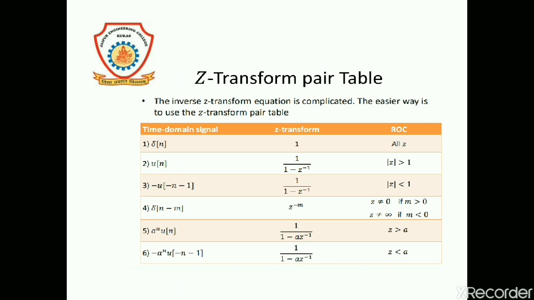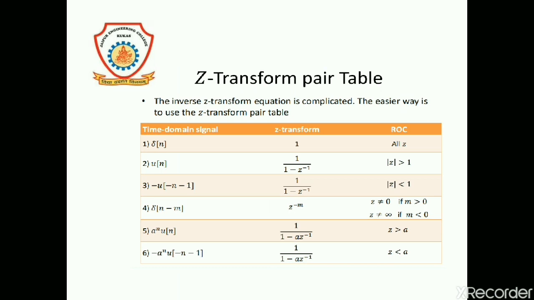If the input signal in time domain is delta n, a delta signal, then the Z transform of that signal will be 1 and the ROC is all Z. If the input signal is u[n], the unit step signal, then the Z transform will be 1 upon 1 minus Z inverse, and the ROC will be mod of Z greater than 1. It means the ROC lies outside of the unit circle.